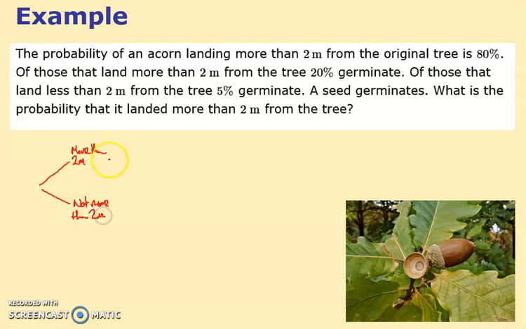And then it could be it germinates, or it doesn't germinate. Now that could be the way around this question is, but I just want to highlight the fact it could be the other way around.